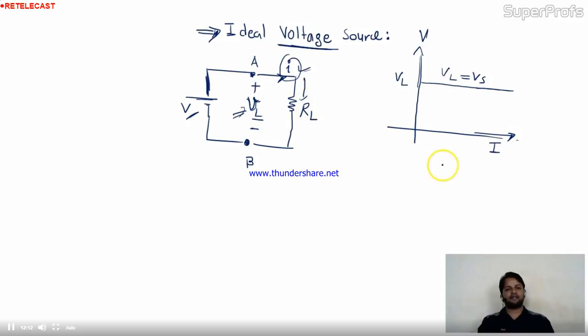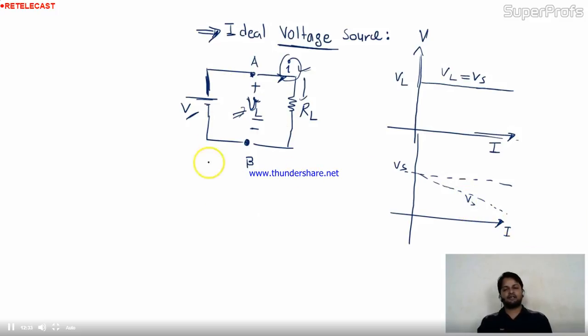But in practical, friends, this will not happen. If the value of the current will be increasing, the VL will drop. Like this. The VL will drop. Okay? Why?